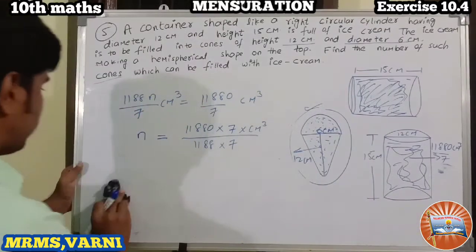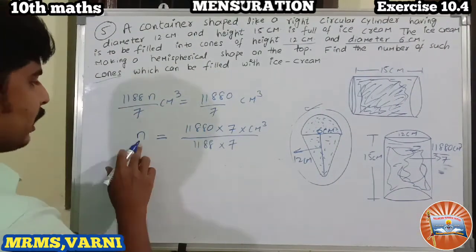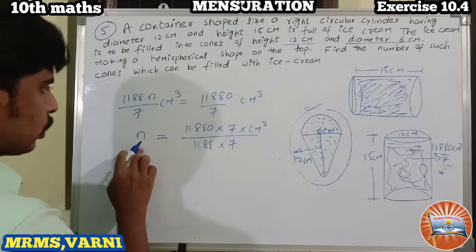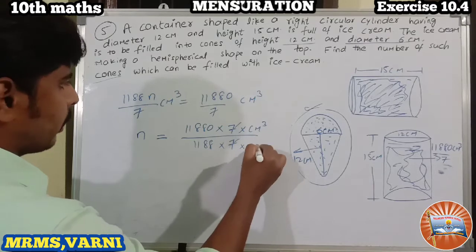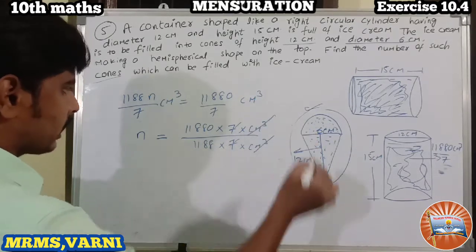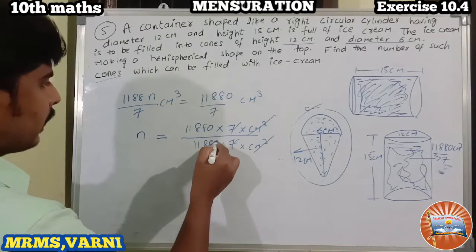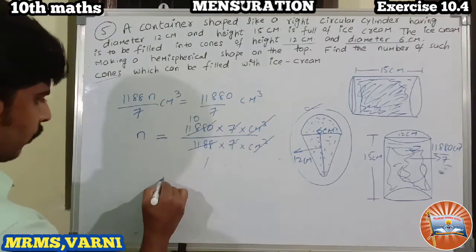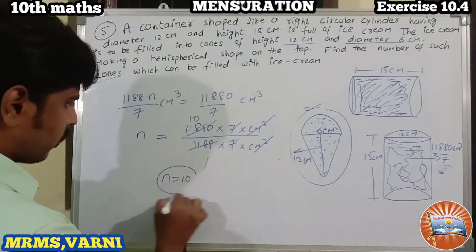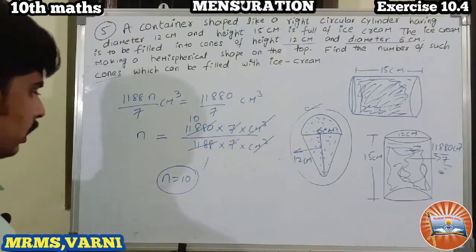So n is the number of ice cream cones to be filled. 7 gets cancelled, centimeter cube cancels, and 1188 ones are tens. Now we got n equals 10.